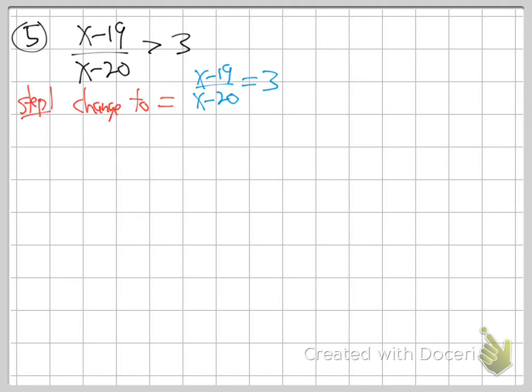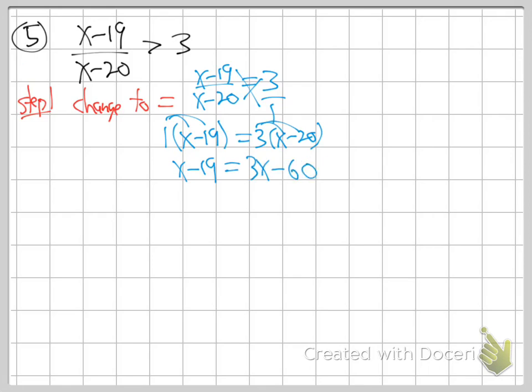Change to equals and solve. Now, how do you solve that? Cross multiply, good. Because whenever we have a fraction on one side and a whole number on the other, we always cross multiply, huh? Put that over 1, diagonal, diagonal. Boom, boom. Like that. How do we solve for x?